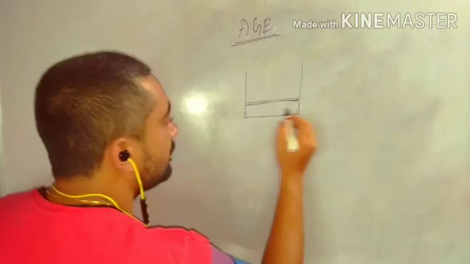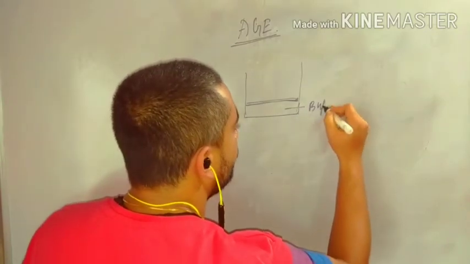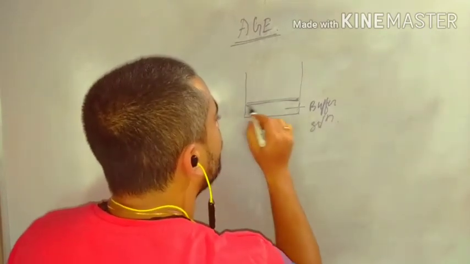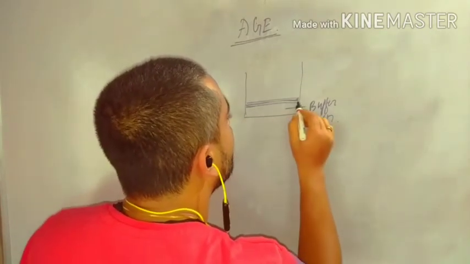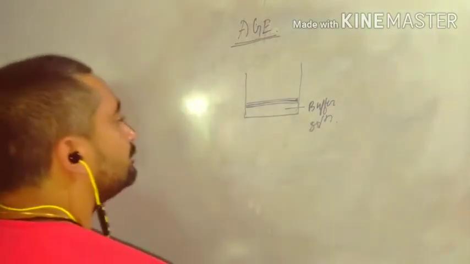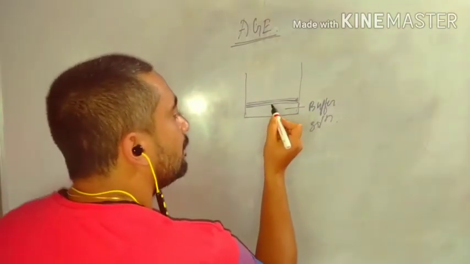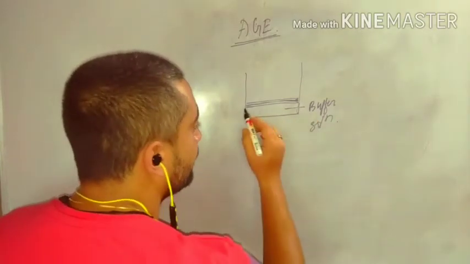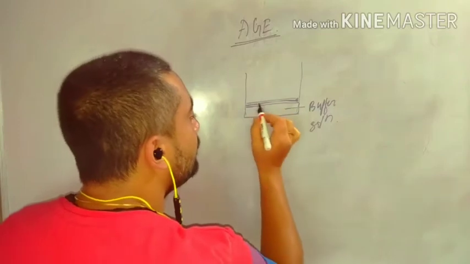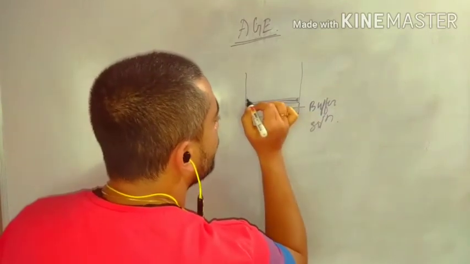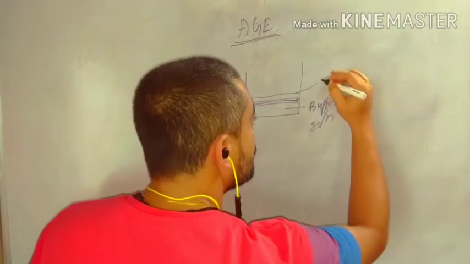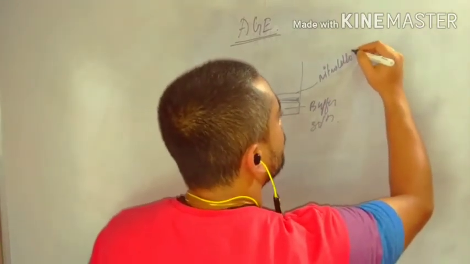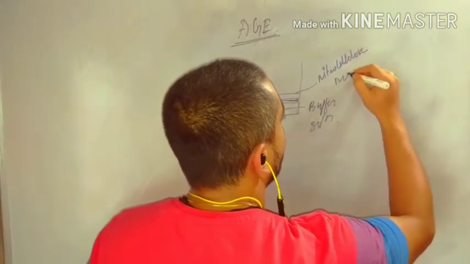Inside this beaker we use some buffer solution, and we put some absorbable pages like filter paper here, and above this gel we put a membrane, which is usually made up of nitrocellulose membrane.